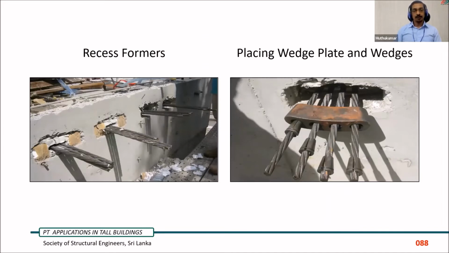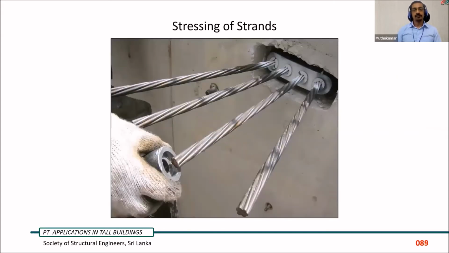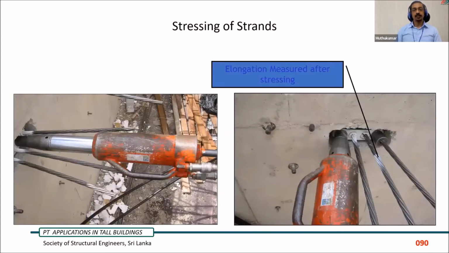Recess formers have to be removed, and then the wedge plate as well as wedges have to be inserted. Stressing operation starts. So we have to measure the elongation and compare it with the theoretical elongation.